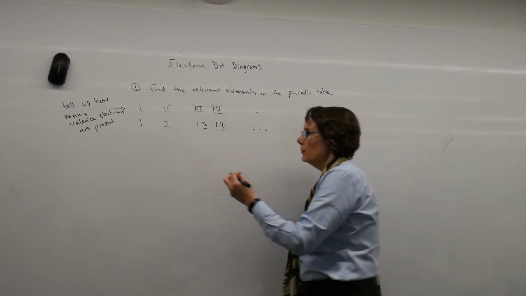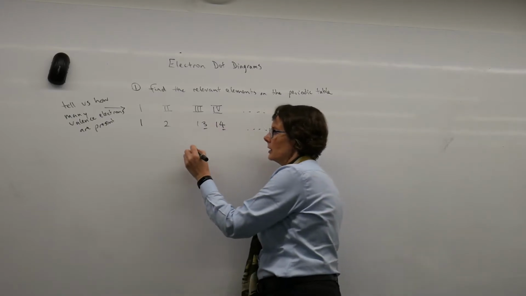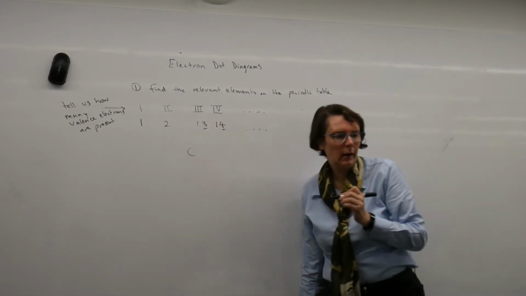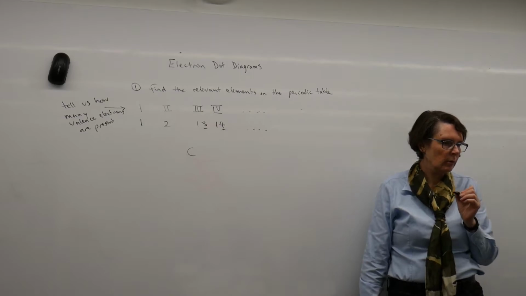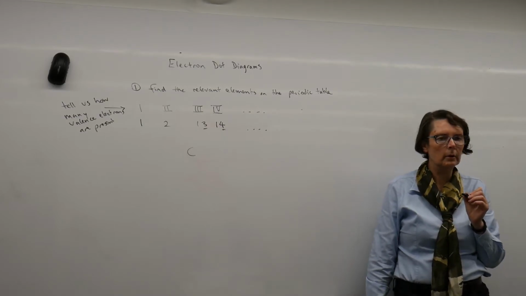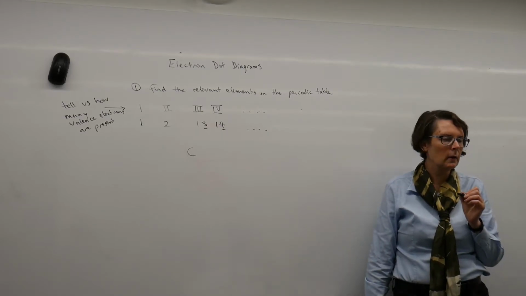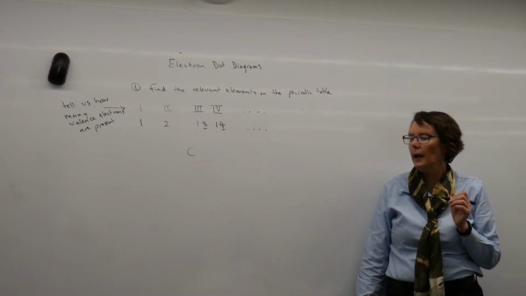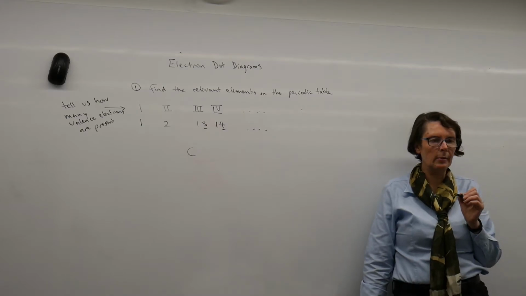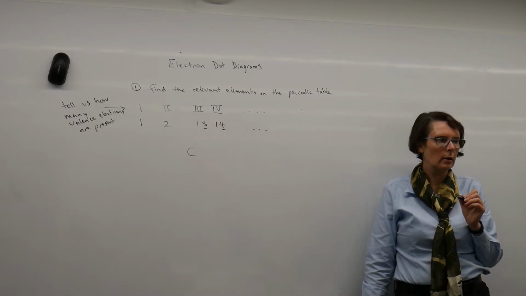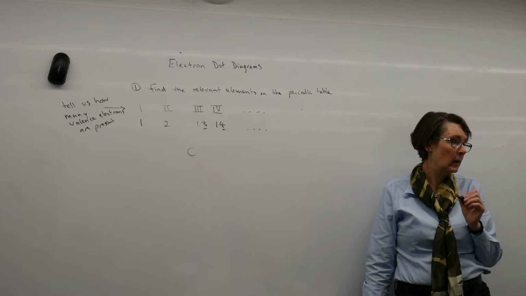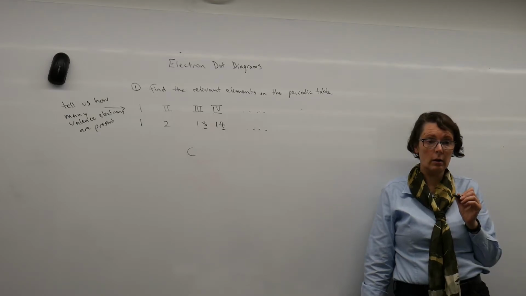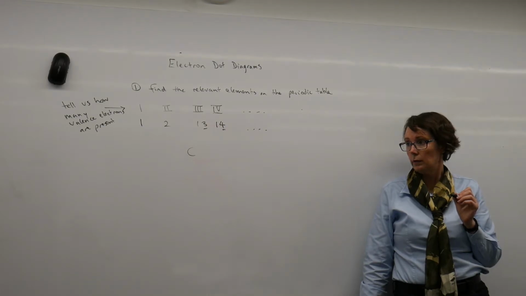make. So if we look up carbon, for example, you find carbon, which group is that in the periodic table? 14. And so how many valence electrons does carbon have? 4.